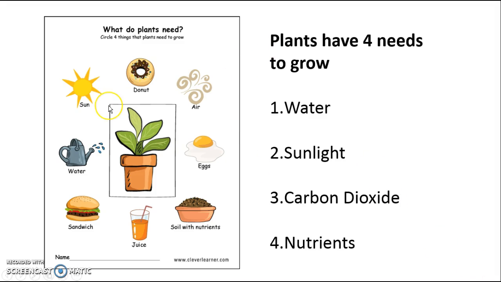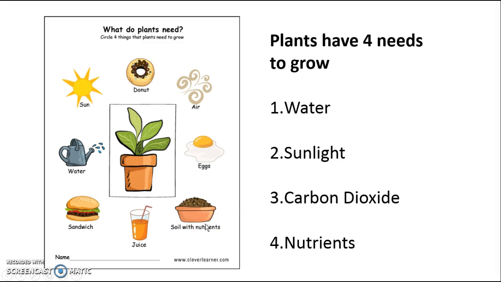In our picture here, I wanted to point out, here's our water, here's our sun. When we say air, we're speaking of carbon dioxide because that's what they need. Then I chose this image because it was cute, it had a donut, right? But soil with nutrients.